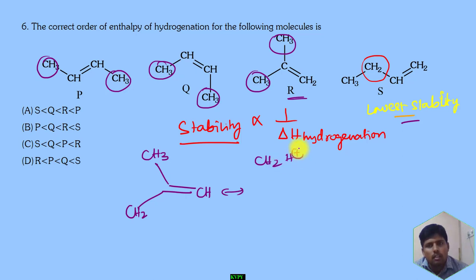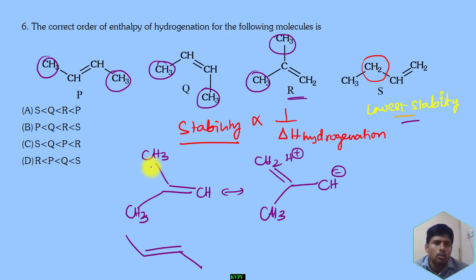So here what exactly happens is that the hyperconjugation structure which is there has a primary carbanion. This is a primary carbanion. This is a CH3. Whereas if you look at the trans isomer here, the most stable isomer among the other two is a trans isomer.